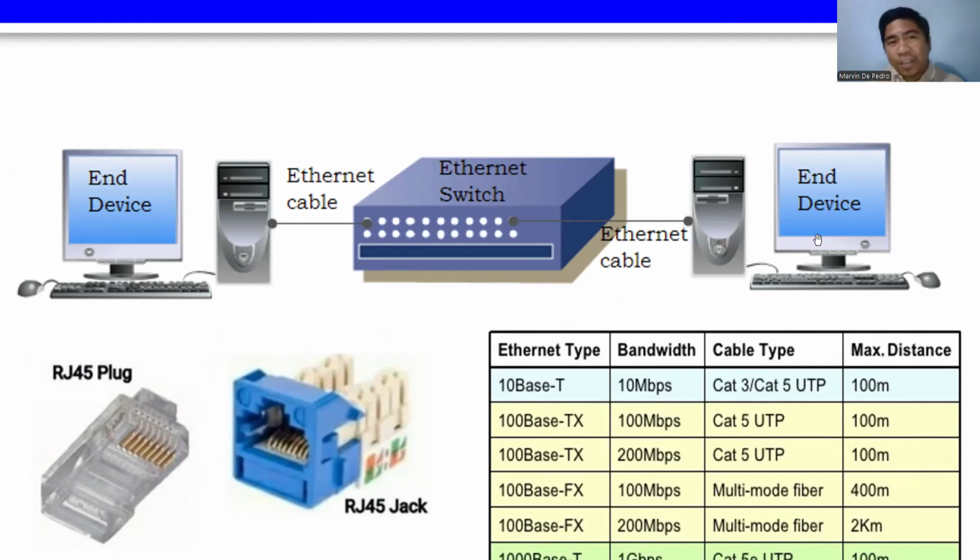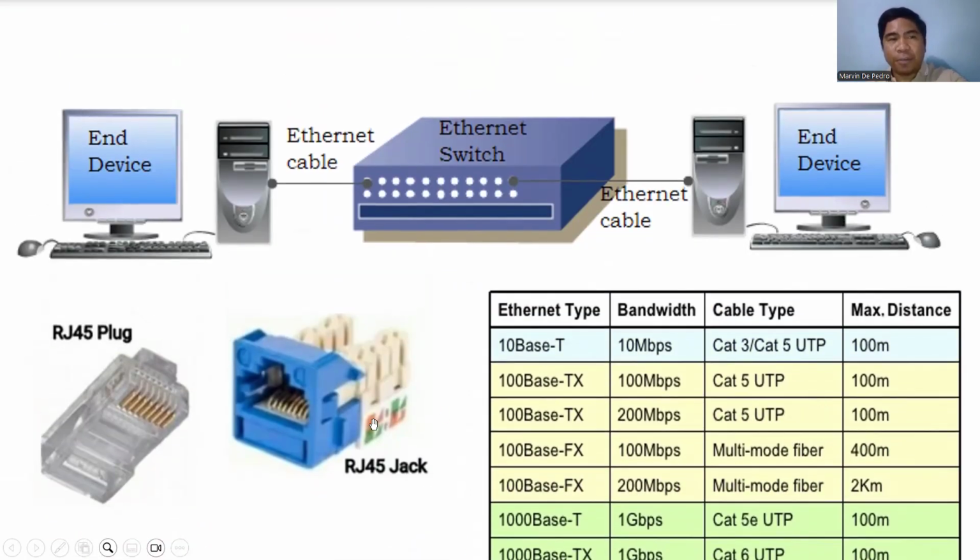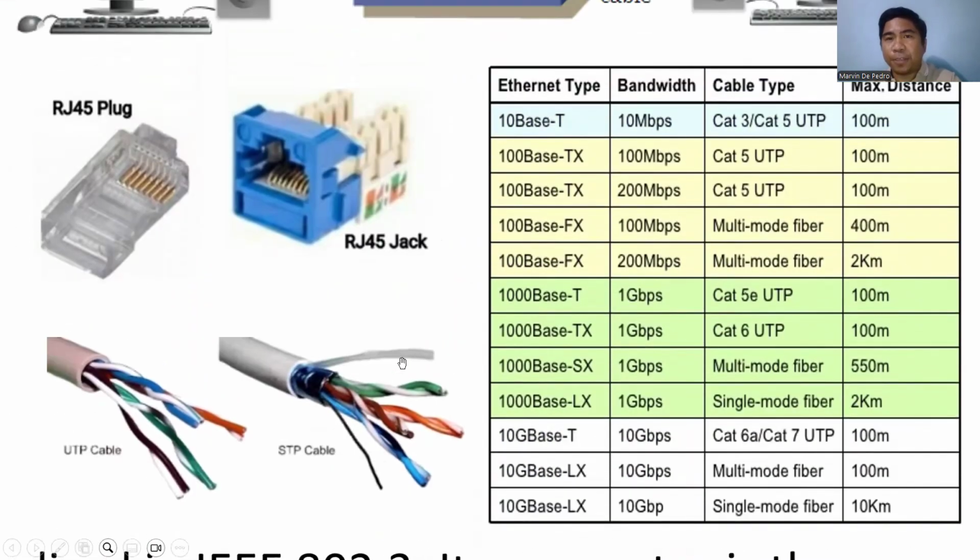Okay, for wired connections, we have UTP and STP cables. Just mind the speed and the distance that they can offer. And of course, we have different plugs and jacks according to our intended purpose, because our intended purpose has corresponding bandwidth and distance requirements.